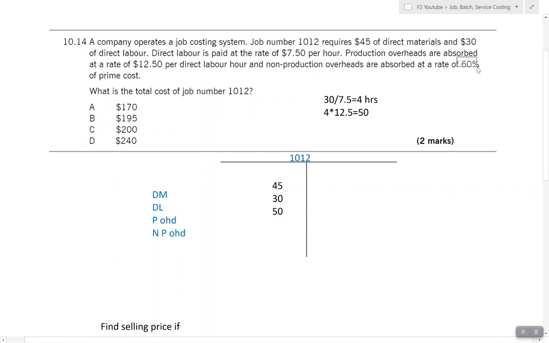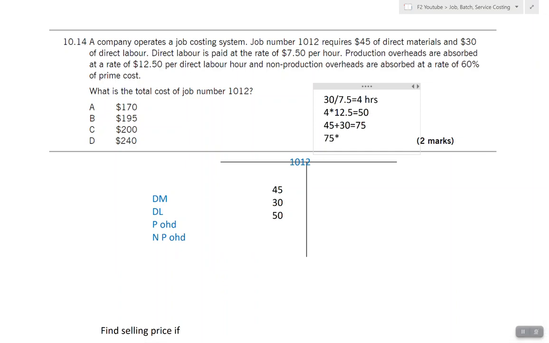And then non-production overheads is said at 60% of prime cost. Remember, overheads is not prime cost. Only the cost of material and the cost of labor, collectively 75 multiplied by 60% of this becomes 45.